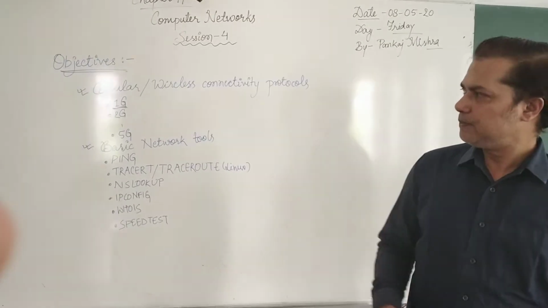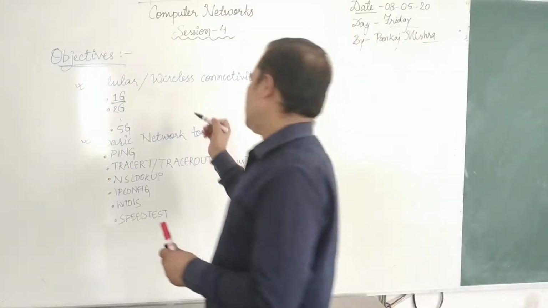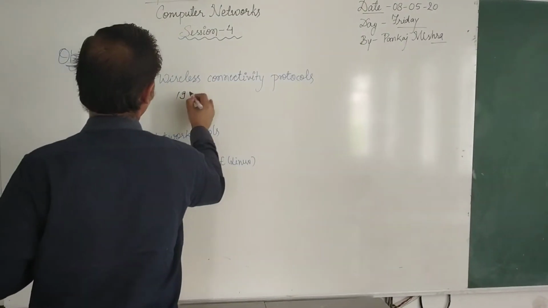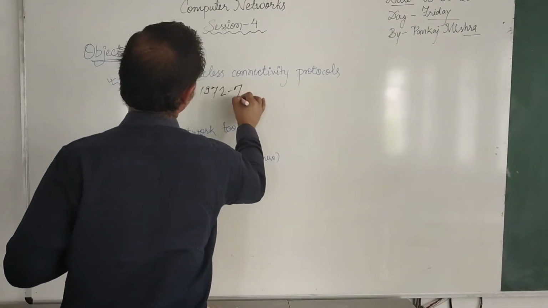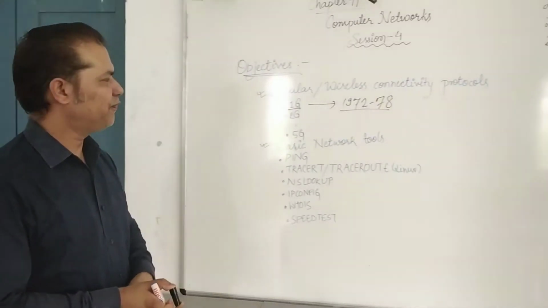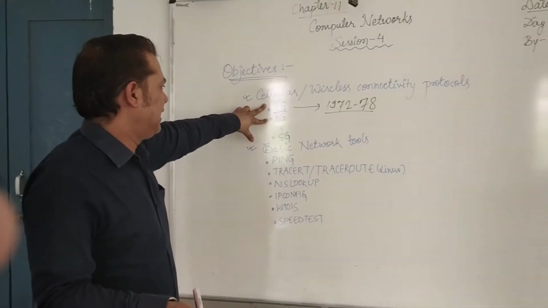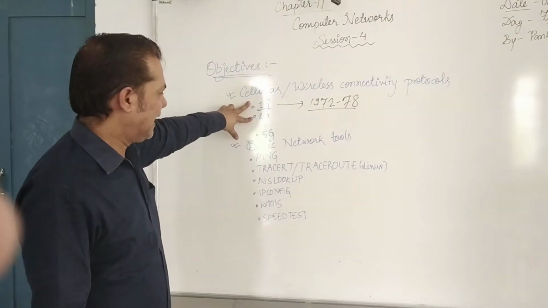And the inception of this mobile technology was in the year 1972 to 78. The first generation of the mobile or cellular phone had been launched. At that time it was not capable like today's mobile technology.